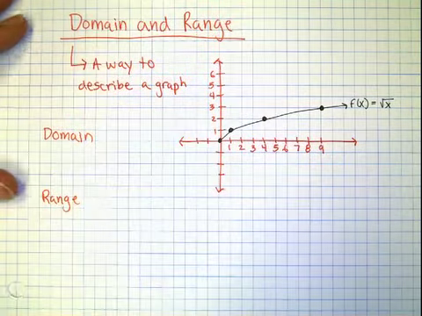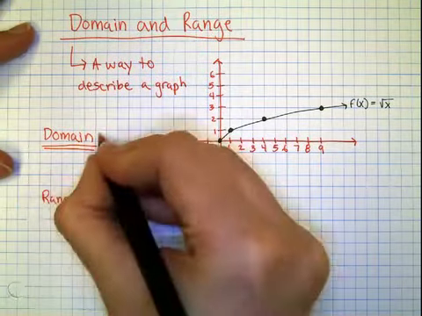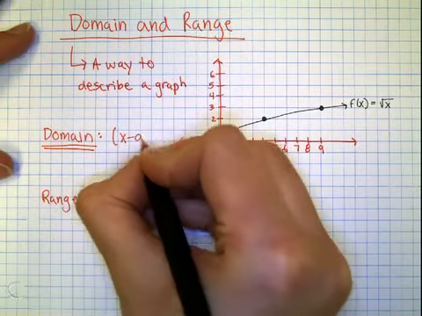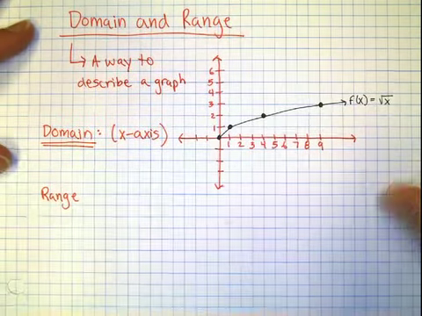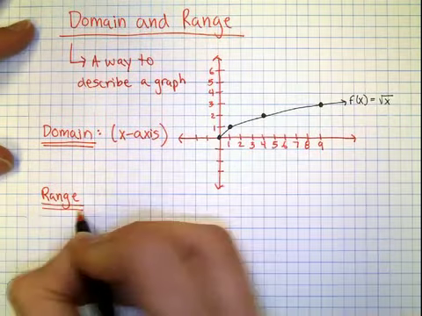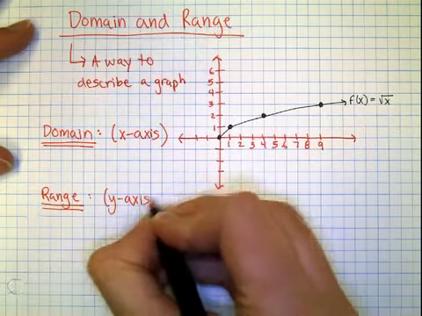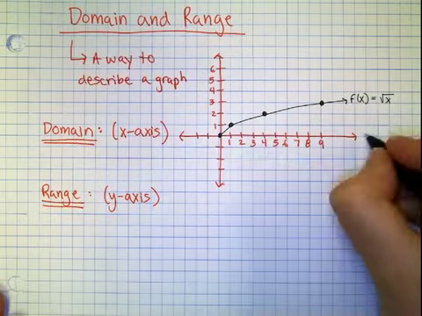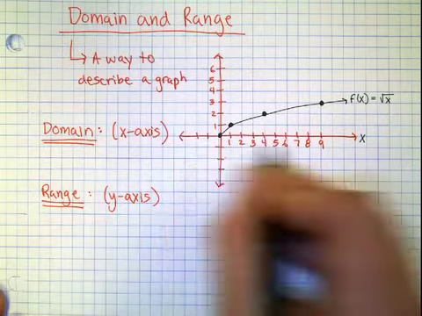So domain is referring to the x-axis. So I'm studying the x-axis when I say domain. What are all the x values? And range is studying the y-axis. On a graph, I know the x-axis is the one going this direction, from left to right, right to left.